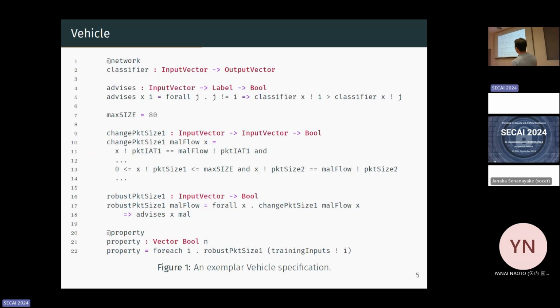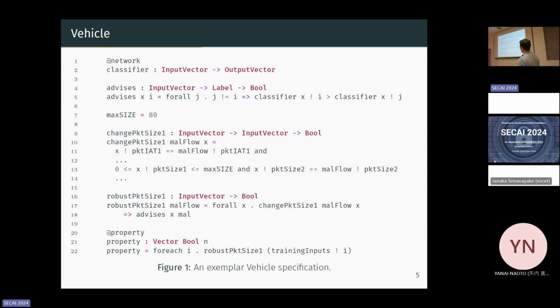And so this is what this change packets function does, and then we say that if the flow is malicious, we take any malicious flow x, and if it is within these bounds, then that should still be classified as malicious.